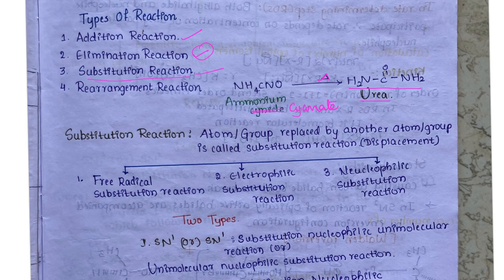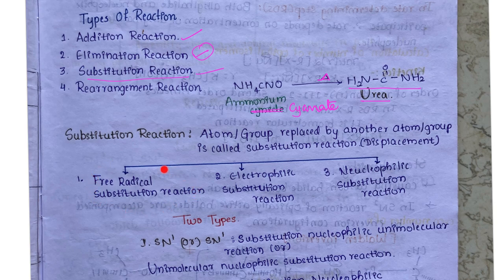These substitution reactions are of three types: free radical substitution reaction, electrophilic substitution reaction, and nucleophilic substitution reaction. Now we are focusing on nucleophilic substitution reaction.